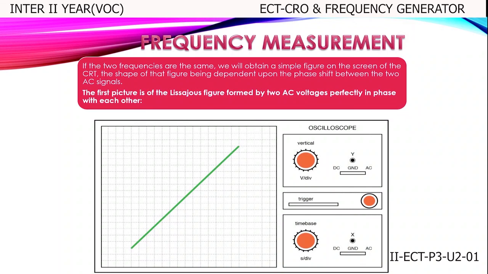Frequency measurement. If the two frequencies are the same, we will obtain a simple figure on the screen of the CRT, the shape of that figure being dependent upon the phase shift between the two AC signals. The first picture is that of Lissajous figure formed by two AC voltages perfectly in phase with each other.